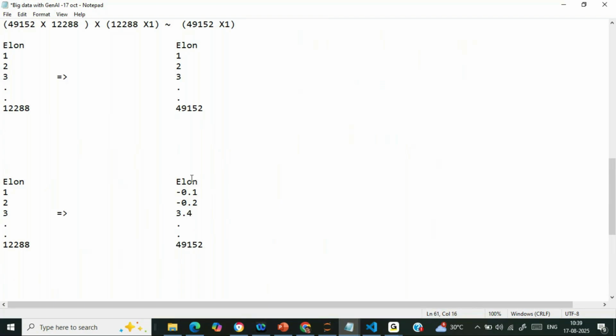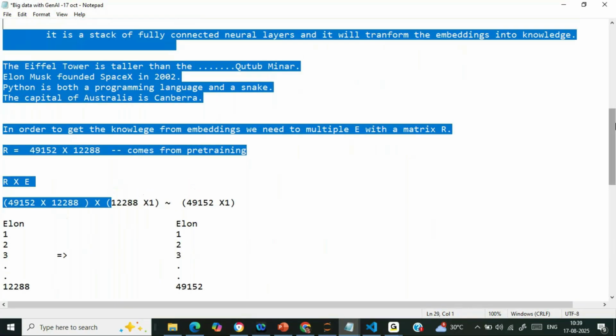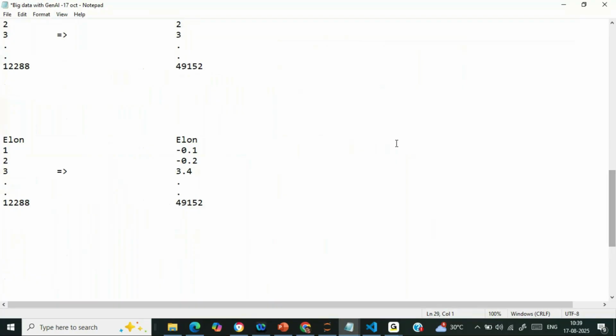After this matrix multiplication, if the values are negative, those values are converted to zero. The conversion is done with the help of one function, that is ReLU.